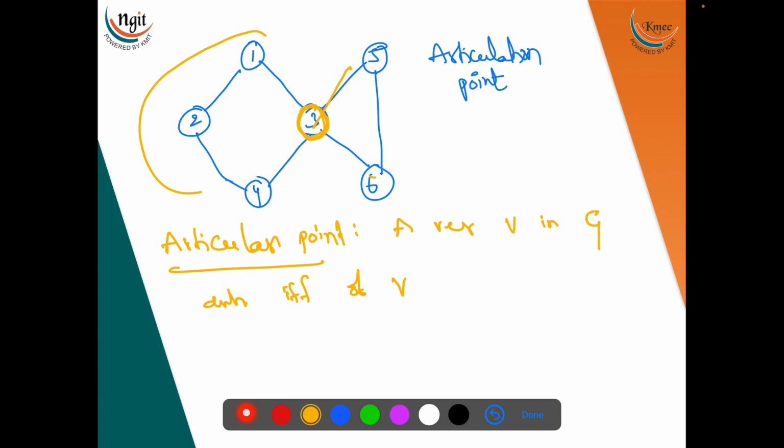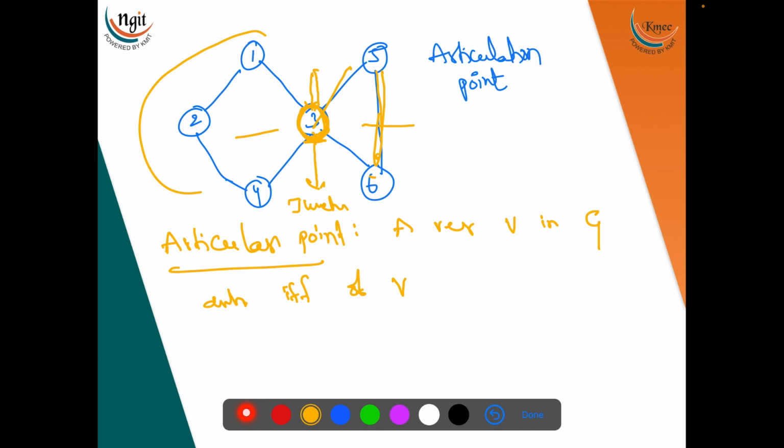So an articulation point is a junction connecting two different parts. If I delete this vertex, the graph is disconnected, so I call it an articulation point.